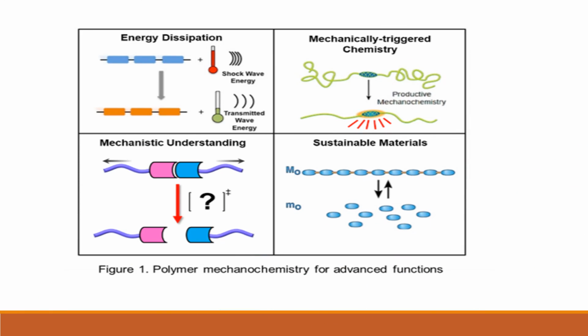See some of the other applications of mechanophores. Mechanophores could be used for energy dissipation. They could be used for mechanically triggered molecules. That means when I give external stress, the molecule gets excited or triggered. Another case is they could be used for sustainable materials.